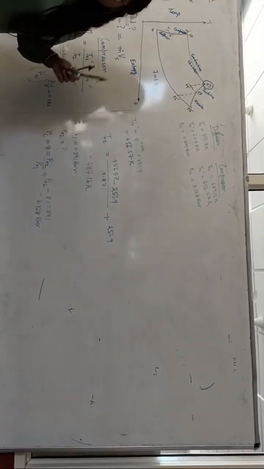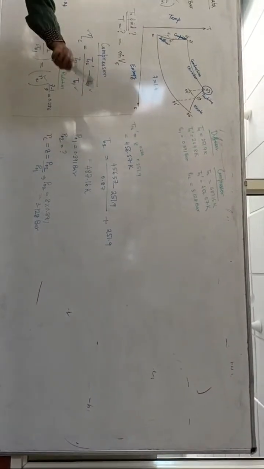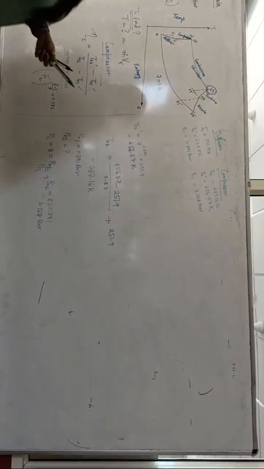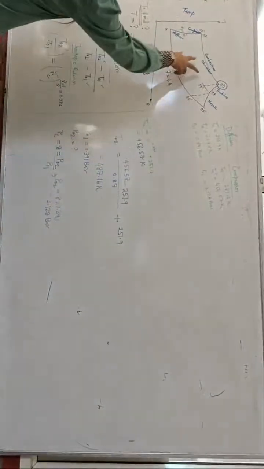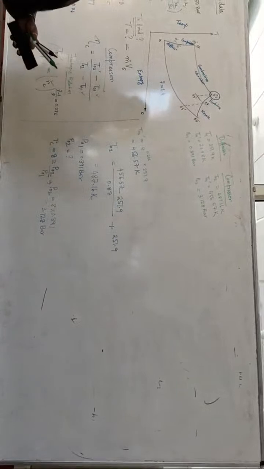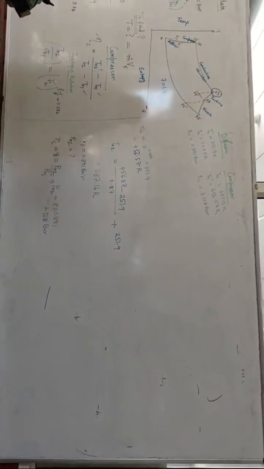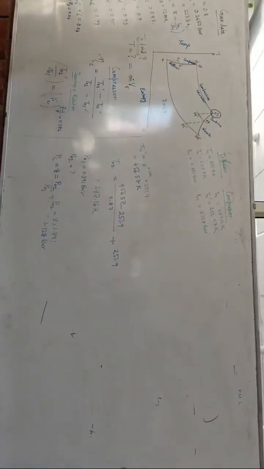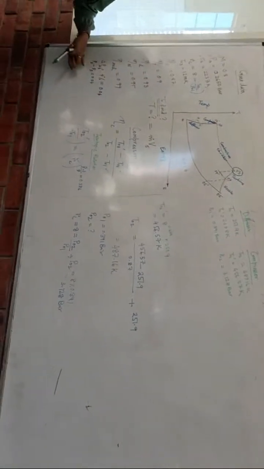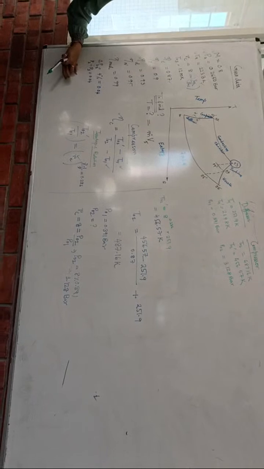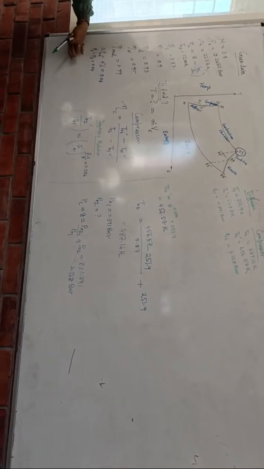The same procedures will be followed in the upcoming components. Now you see, for the combustion chamber, no efficiency is given. Only the pressure ratio is given, the pressure loss. So what is happening in the Brayton cycle?